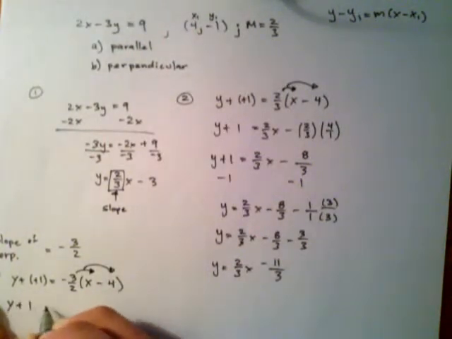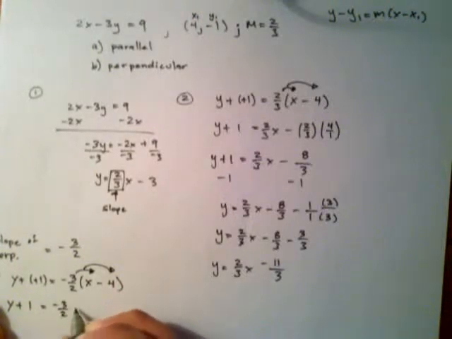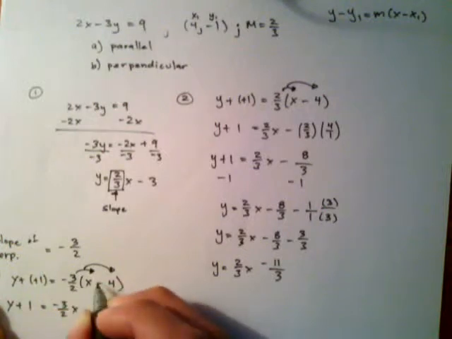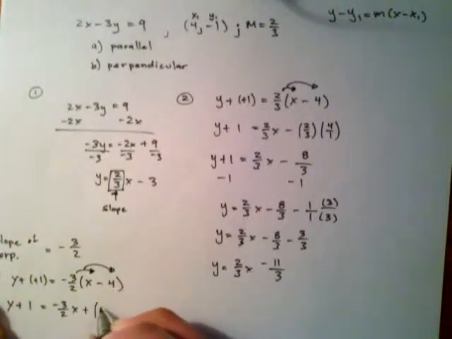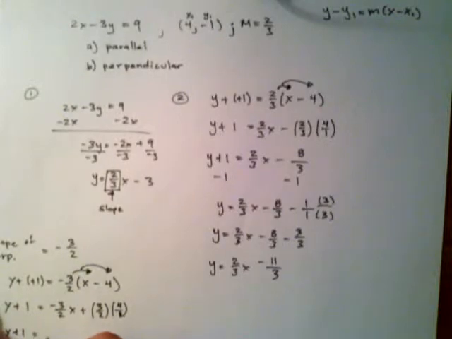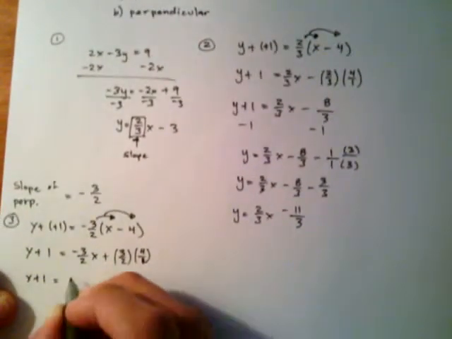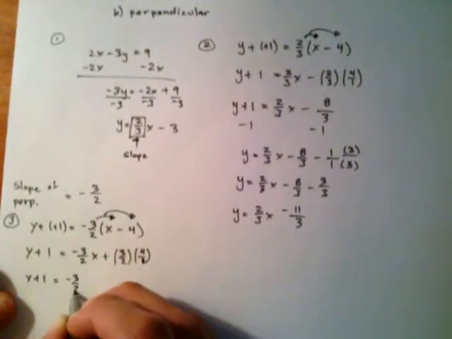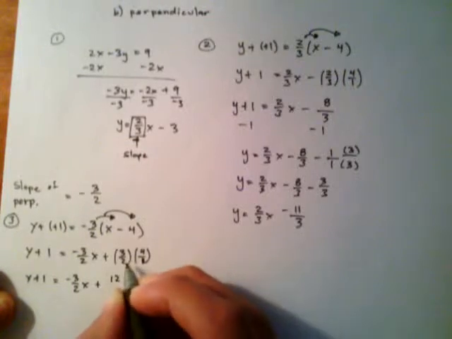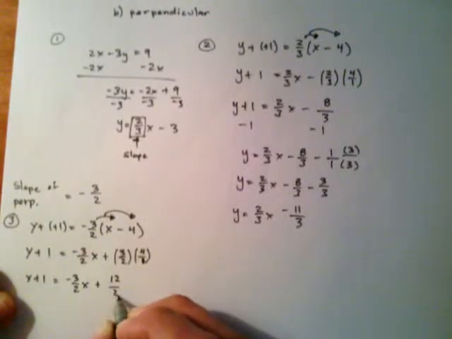So we have y plus 1 is equal to -3/2 x. -3/2 times -4. We know a negative times a negative gives us a positive. So we have 3/2 times 4/1. y plus 1 is equal to -3/2 x. 3 times 4 gives us 12. 2 times 1 gives us 2.